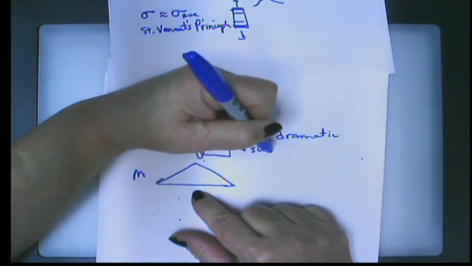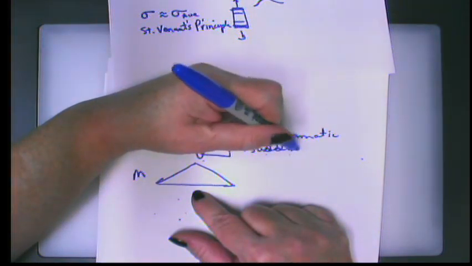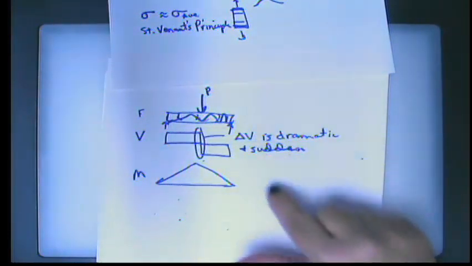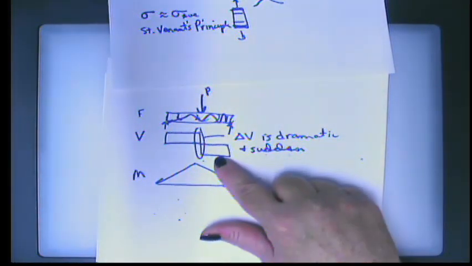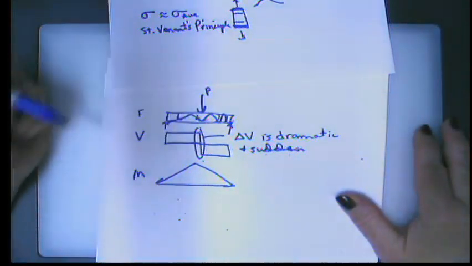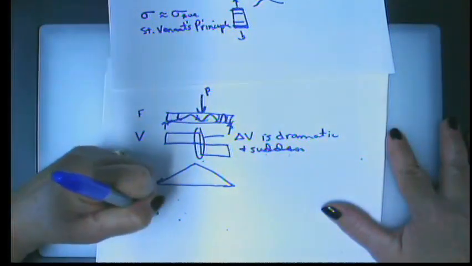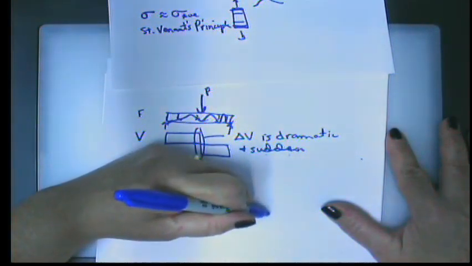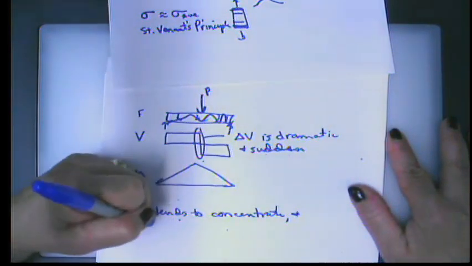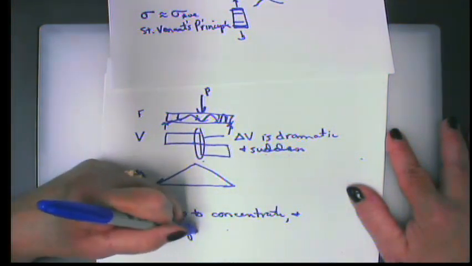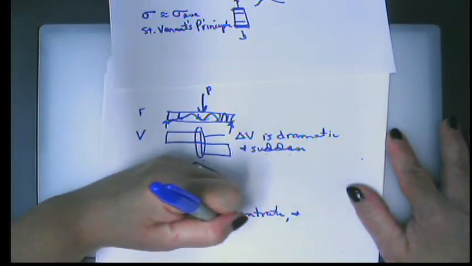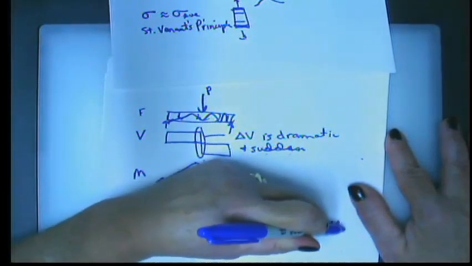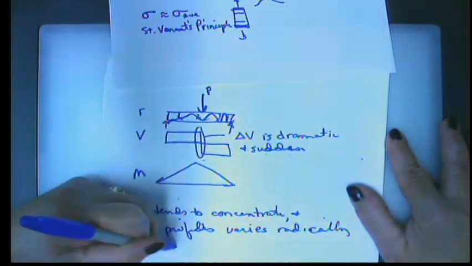Whereas the change in moment is more smooth, but we have these tremendous discontinuities in V. So tau tends to concentrate, and the tau profile varies radically across a structural member.